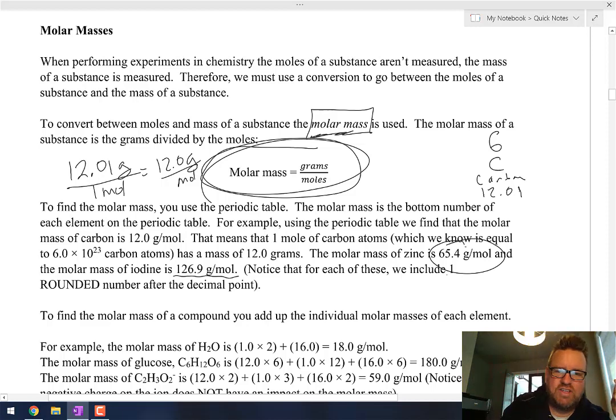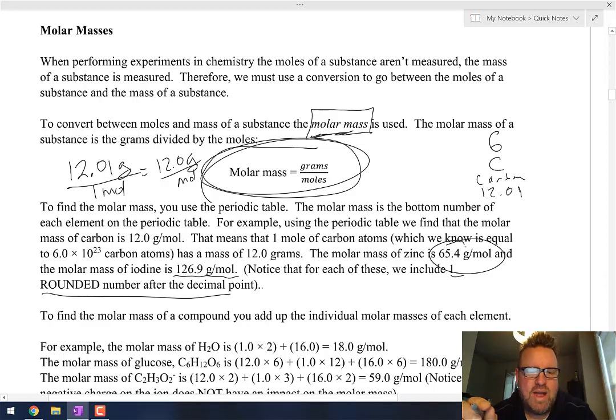And notice on all these I did round. I did go to just one number past the decimal point, which is perfectly fine. The molar mass of the element iodine is 126.9. So again, what does that mean? It means that 126.9 grams of iodine atoms will add up to 6.02 times 10 to the 23rd iodine atoms.